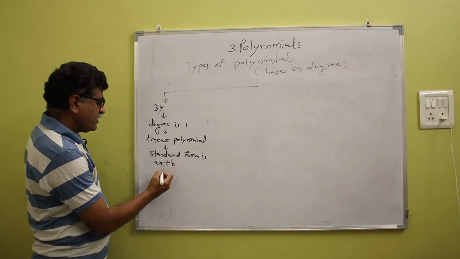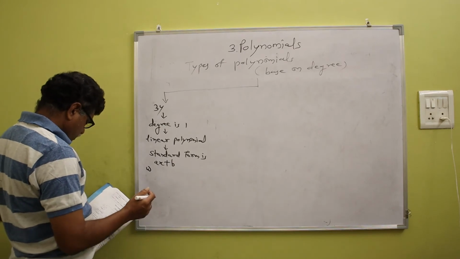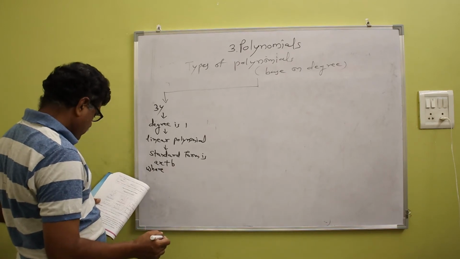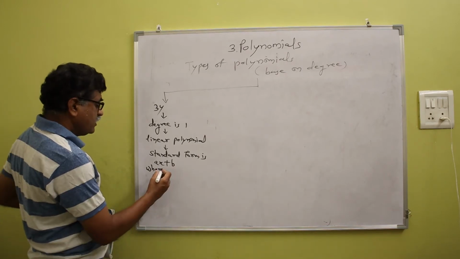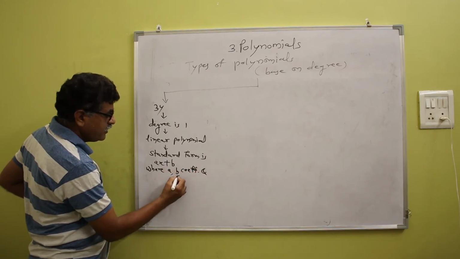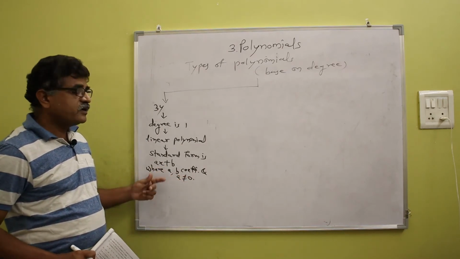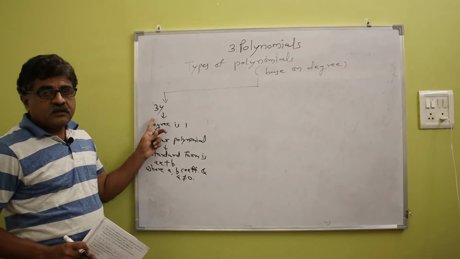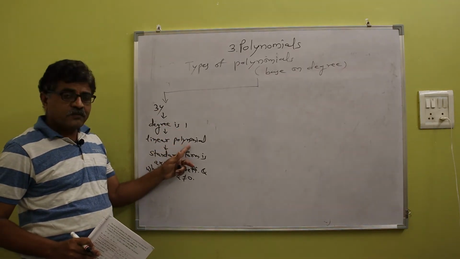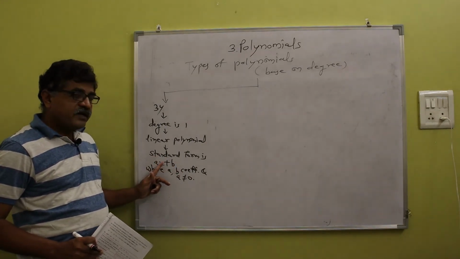Ax plus b, where a, b are coefficients and a is not equal to 0. Now if degree is 1, this is called a linear polynomial. Standard form of linear polynomial is ax plus b.